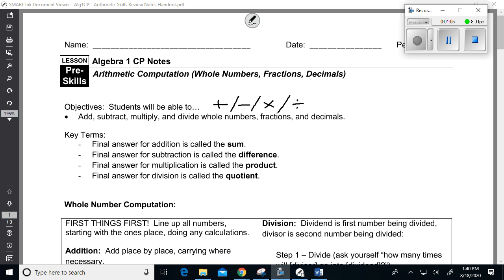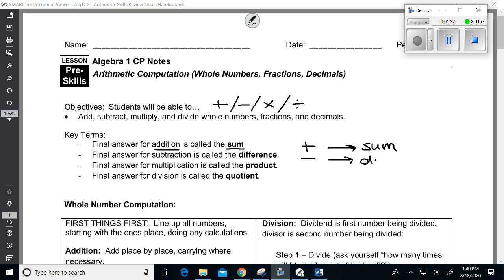Make sure you copy enough so that you know what you're doing. As far as key terms go, the final answer for addition is called the sum. So if you're copying these notes, you could put a plus sign, sum. That should tell you that if you're adding, that means sum.